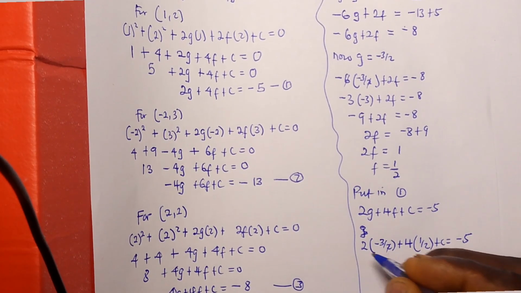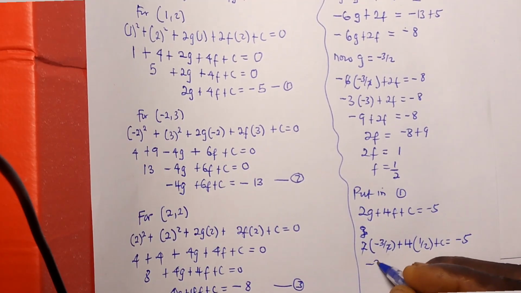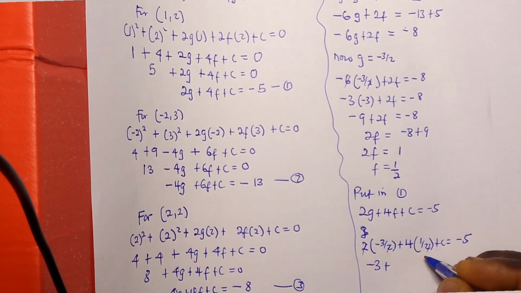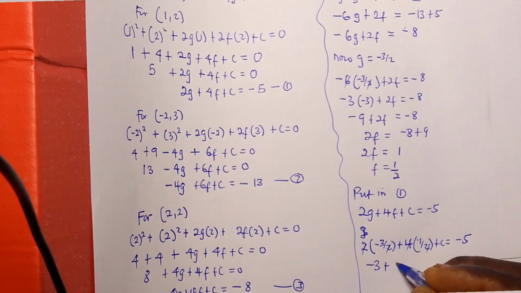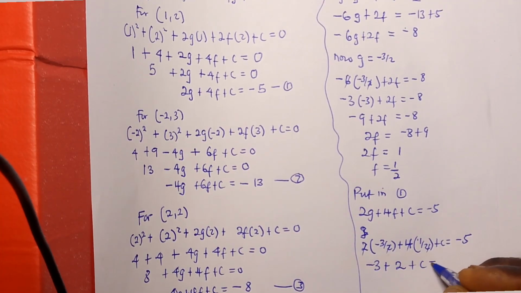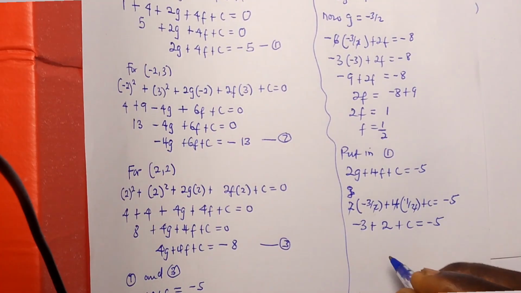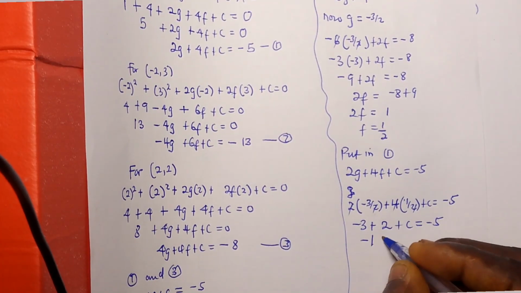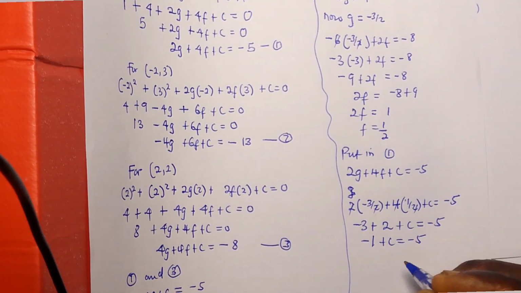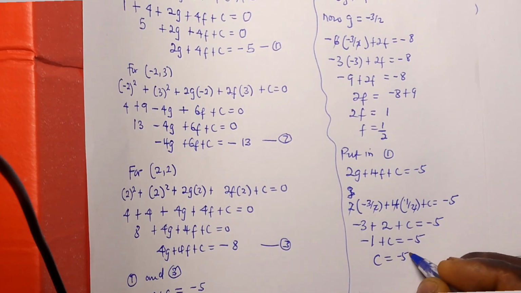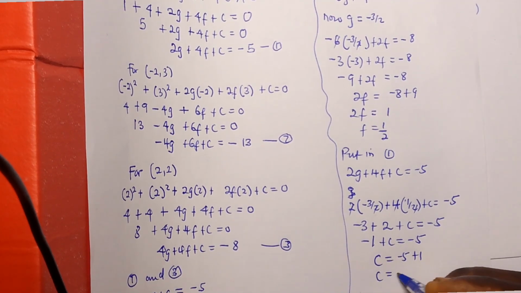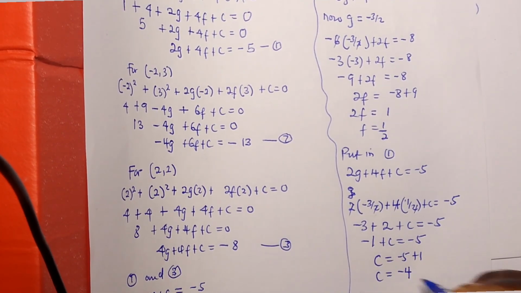So now 2 can cancel 2. We have minus 3 plus, then 2 can also cancel 4. So we have 2 plus c is equal to minus 5. And then when you add these two values, you are going to have minus 1 plus c is equal to minus 5. So c is equal to minus 5 plus 1. So our c is minus 4.